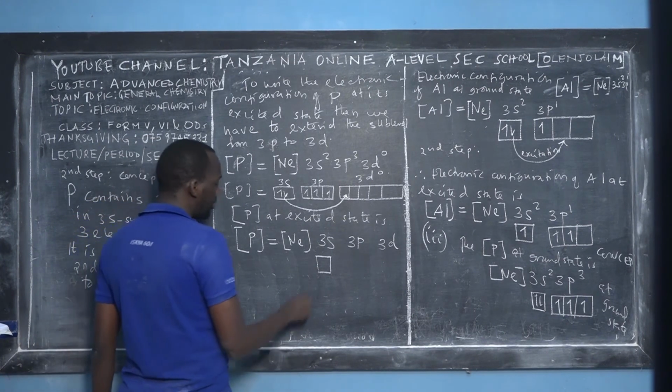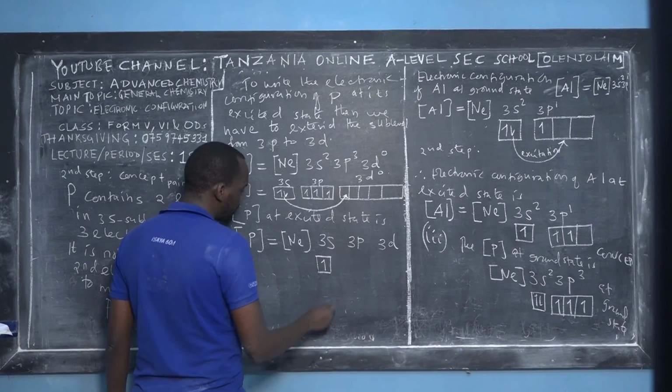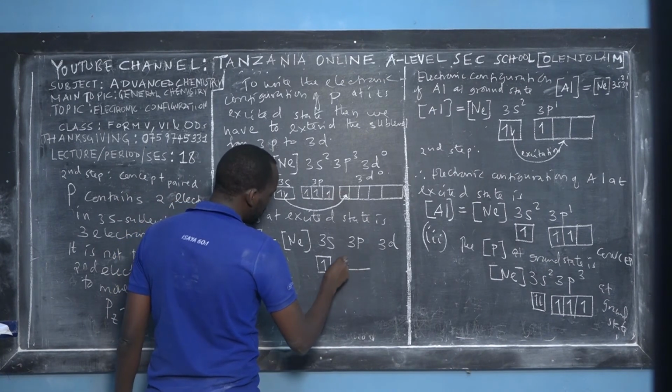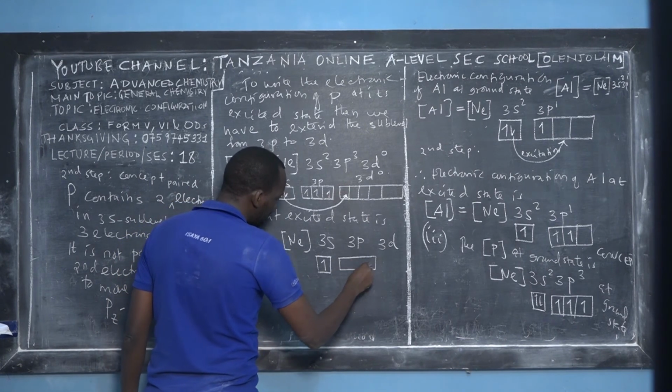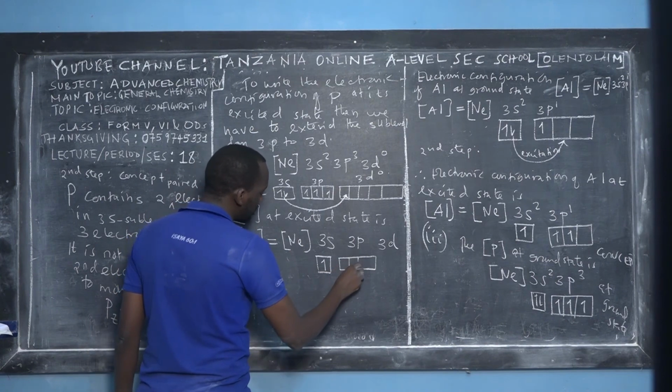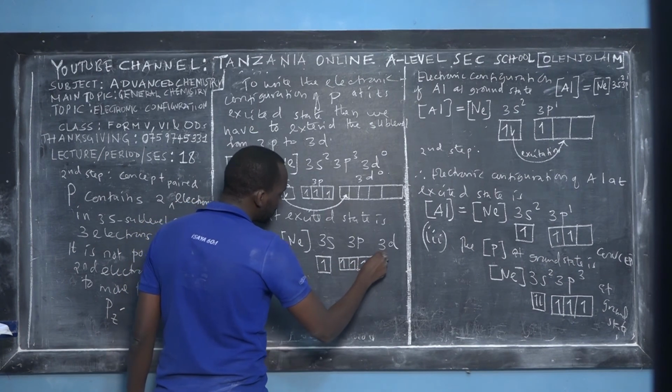So here now we have only one unpaired electron. So you have half filled, half filled, half filled.